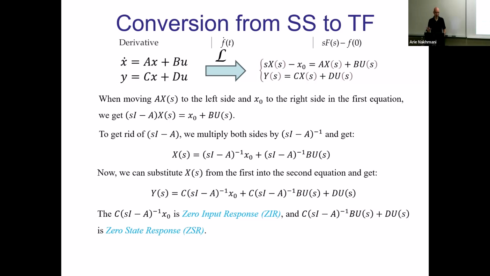And I assume you also heard the same terminology in the Controls 1 course, probably. Maybe you don't remember, but people use zero input response and zero state response in Controls 1 as well for transfer functions. So the zero state response is practically that part, right? Any questions on the Laplace solution?